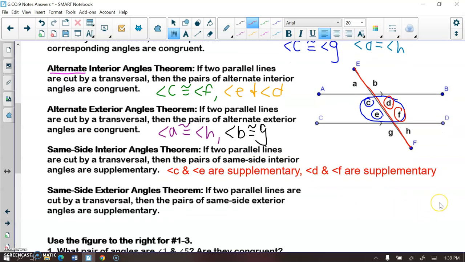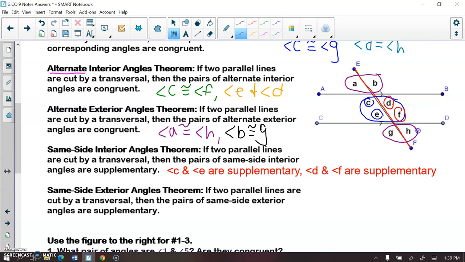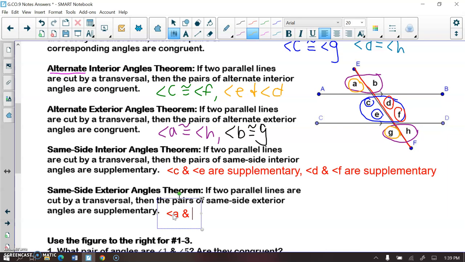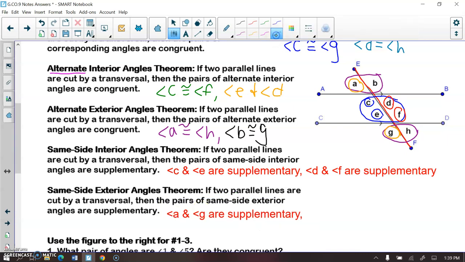And same side exterior angles, we would just be looking at the exterior angles, which means that they lie on the outside of my parallel lines. Angle A and G are same side exterior angles because they're on the same side of the transversal, which means that they would be supplementary. And lastly, angle B and angle H would be supplementary.